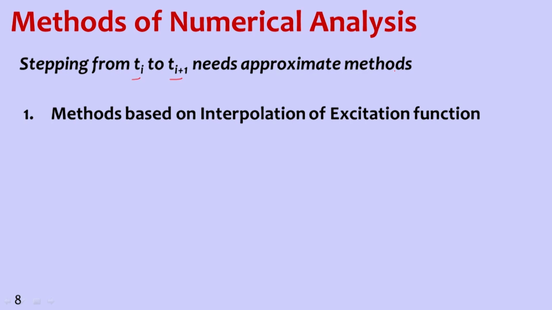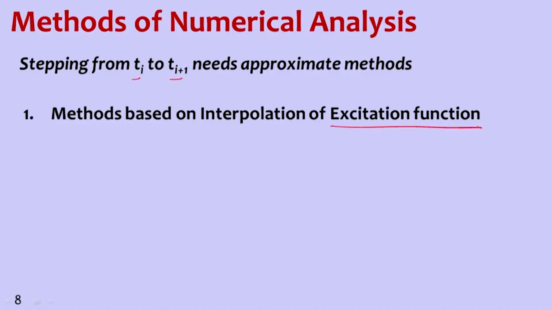The first are methods based on interpolation of the excitation function. As force is the excitation function, we break it down into small components, find the solution for each component, and later add them.